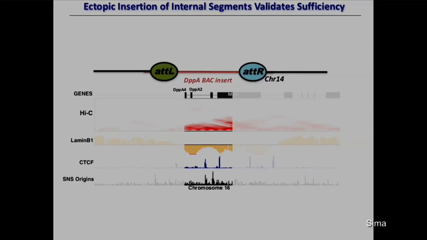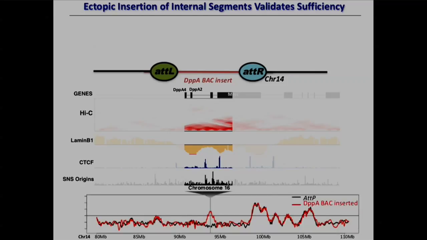That DPPA BAC represents the majority of the interlat region, which are the internal sequences of the DPPA domain. After insertion, they were sufficient to advance the replication timing of the adjacent insertion site. And I would like to let you know that this is about 1.4 megabase long.